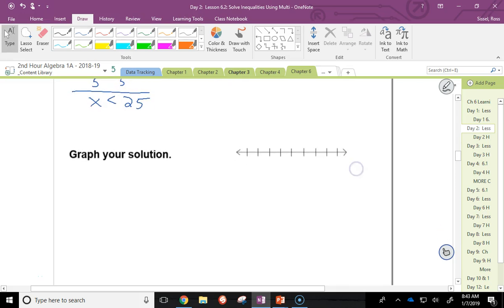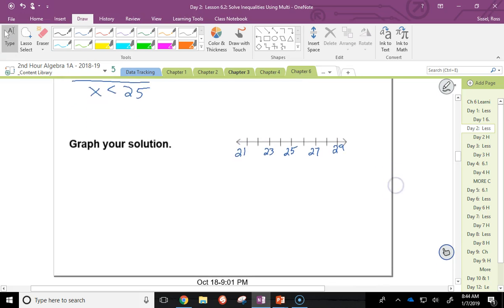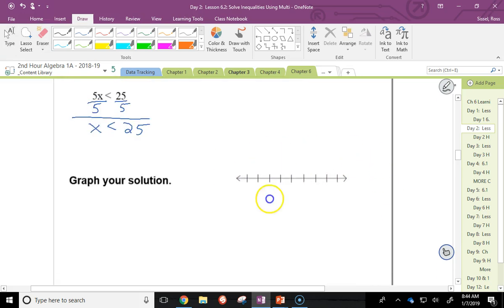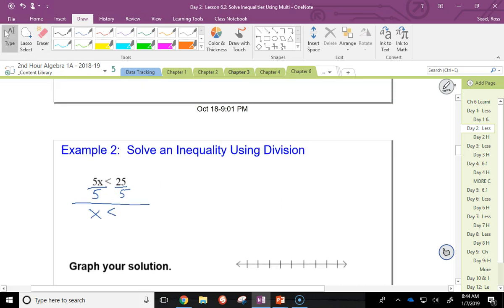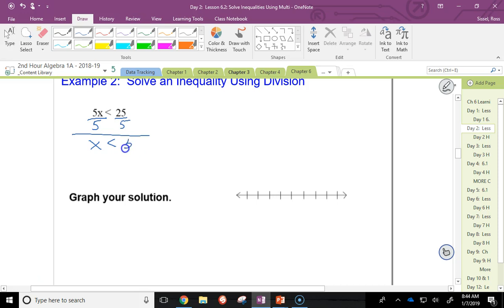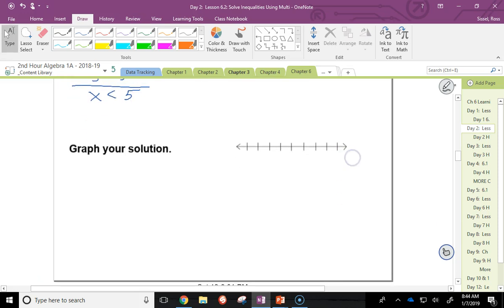I'm going to say x is, I've got to look for 25. I'm going to put 25 here in the middle. So this would be 27, this would be 29, this would be 23, this would be 21. Oops, I didn't divide, did I? Sorry about that. So I'm going to put my 5 in the middle. Okay?